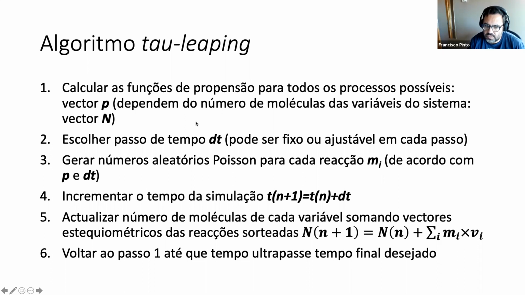But during this time step, several processes will occur. And if the number of processes that occur is really high, what happens is that in reality, those processes will not occur simultaneously. So some of them will occur before others within this time step.